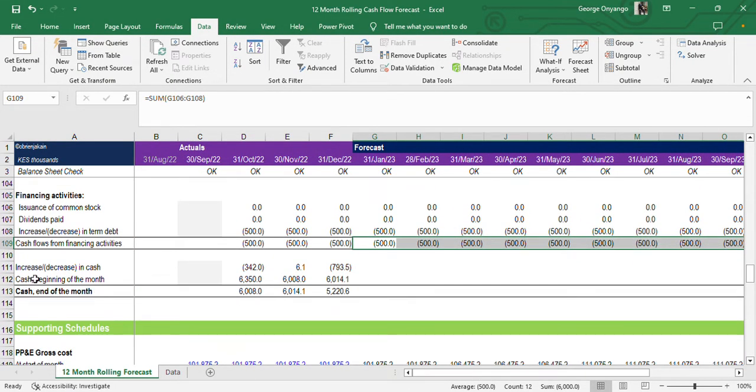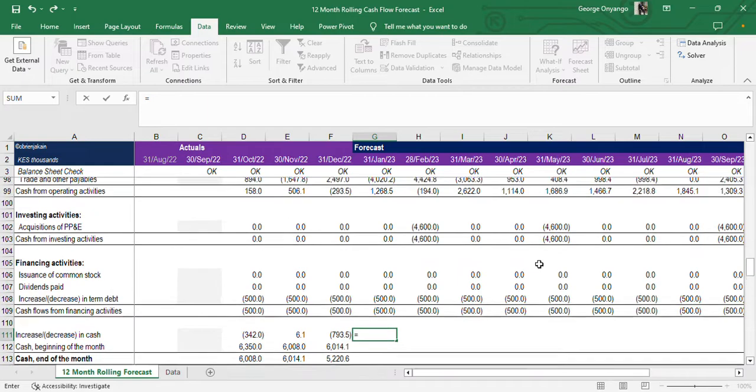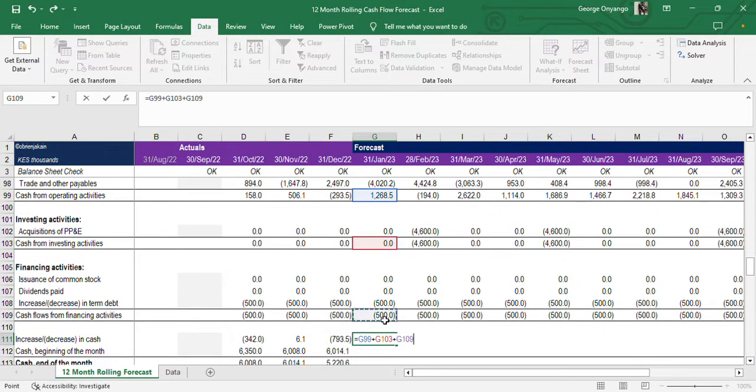Then we now have a decrease or increase in cash. To get the increase or decrease in cash, we are going to sum the cash from operating activities, the cash from investing activities, and cash from financing activities.